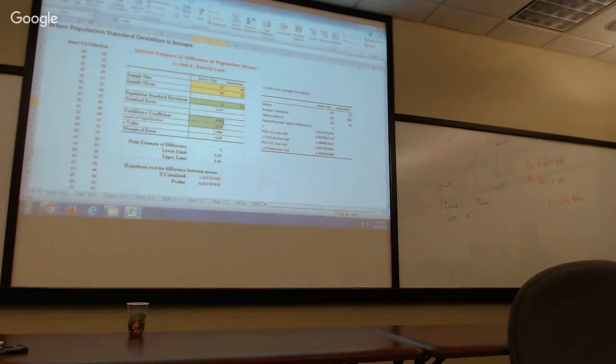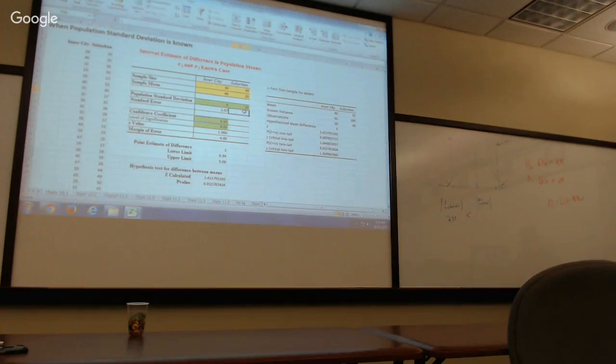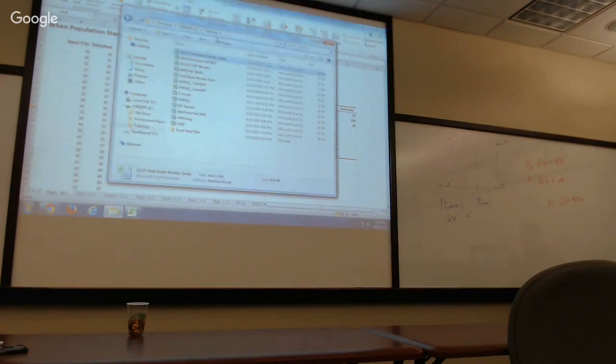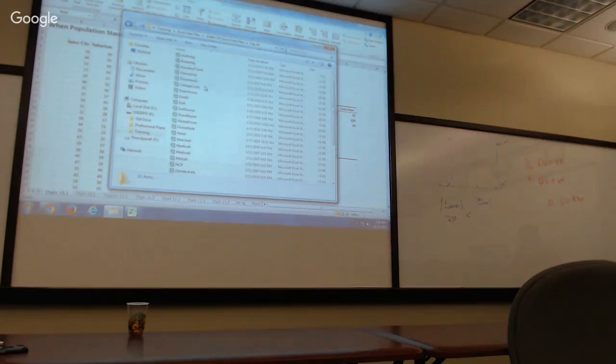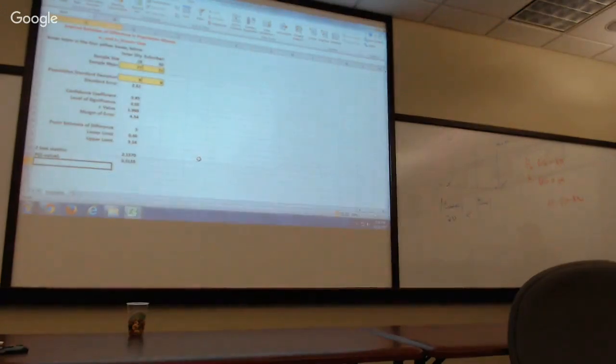It says something with inner city and suburban. Wait, this one right here? Yeah, which case is it? It's in chapter 10.1. Looking at Excel files, 10. This one's something with cities, inner cities. I think it was one of those templates. Templates known. Yeah, set known and unknown. There you go. Oh, crazy.